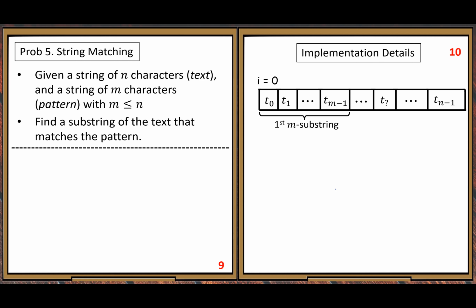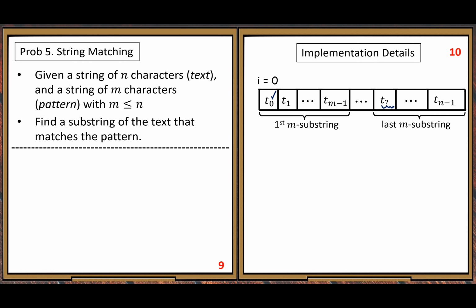When we start, the position number, the subscript of the first character, equals 0. So the location of this M substring is 0. Then when we reach the last M substring in the given text, we need to figure out the location of the last M substring.